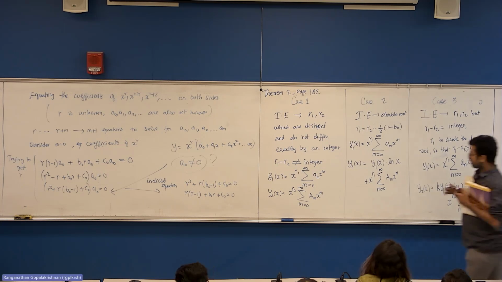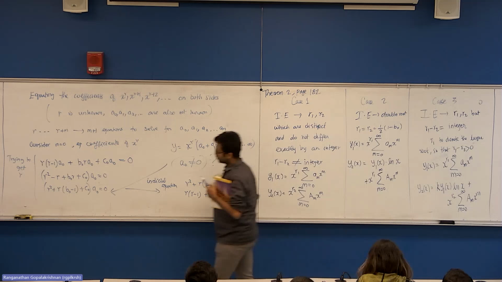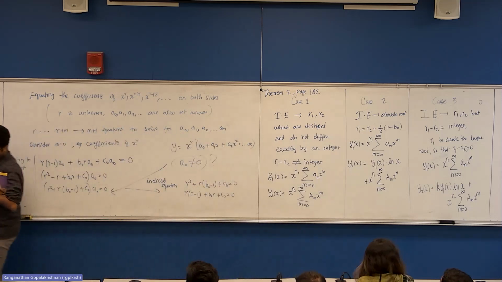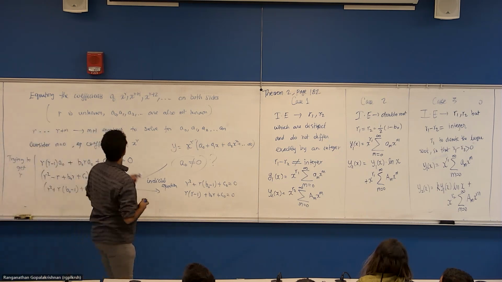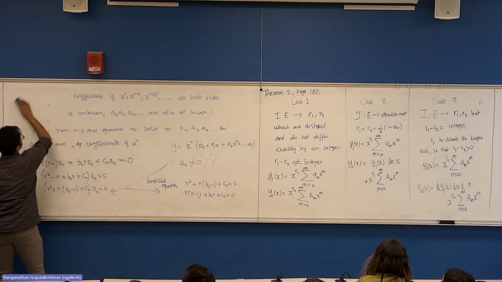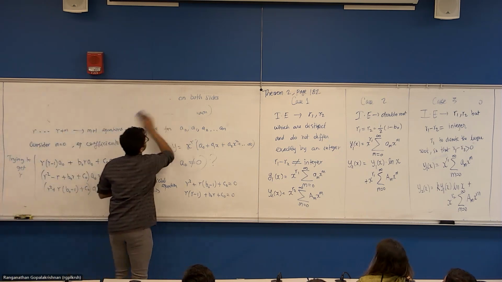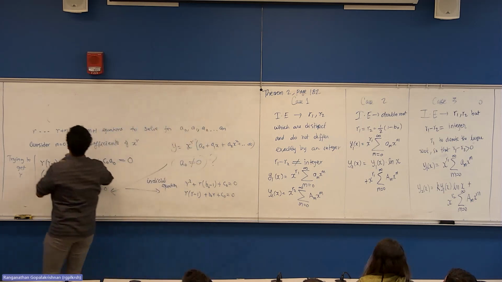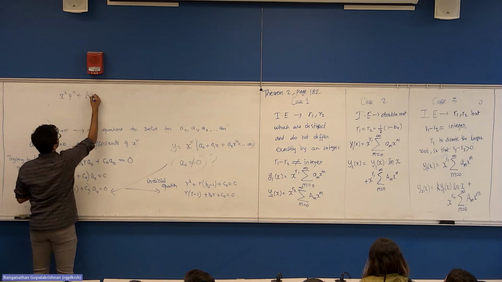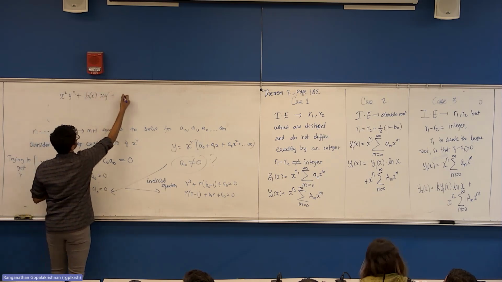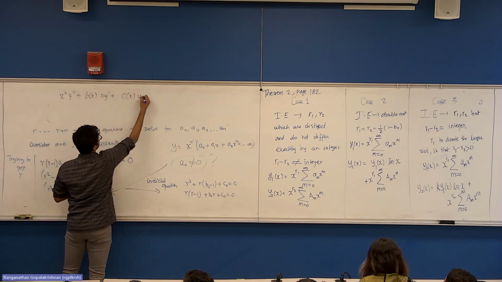Okay, so there was a topic in chapter 2 that I didn't cover, but now we are going to cover it as an example problem. So let's solve the equation where, oh, I don't have the original equation. Okay. So your generalized equation is x squared y double prime plus b of x times x y prime plus c of x times y equal to 0.